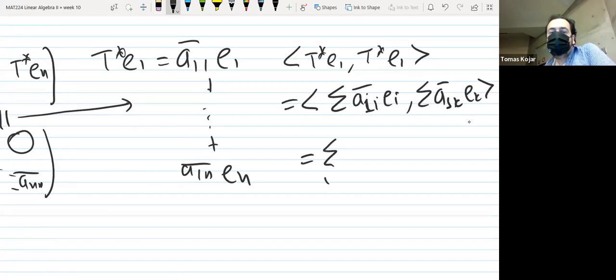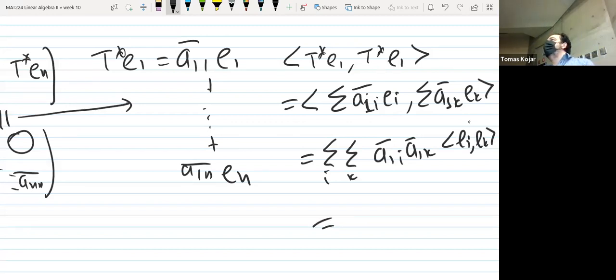I bring out the sums, and then I have EI EK. And how do I finish from here? What can I use here? Yeah, the upper triangular, so there's a little bit of meat here. We got a basis that gives you upper triangular, but by Gram-Schmidt, you can make it orthogonal. Okay? Yes.